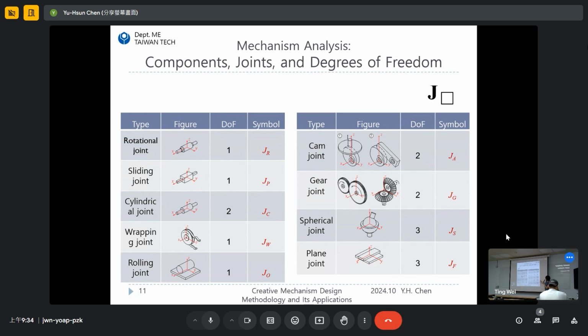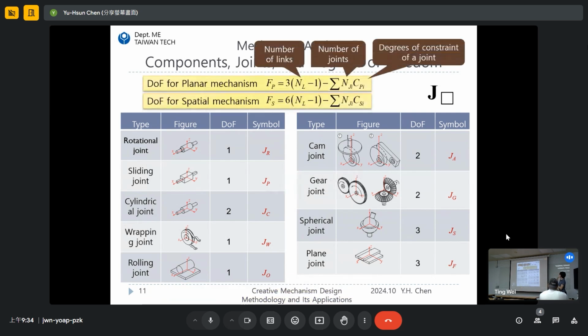And what is the most important thing in this table? Here we list the degrees of freedom for all of the joints. And once we combine the mechanism together, we can find the degrees of freedom for the whole mechanism. I believe you have learned that, if you have ever taken a course on mechanisms.